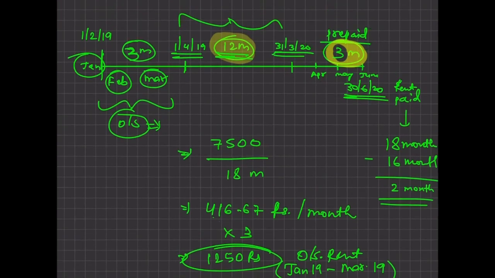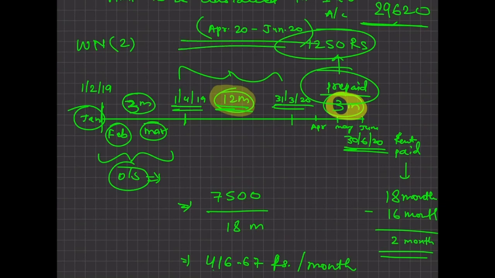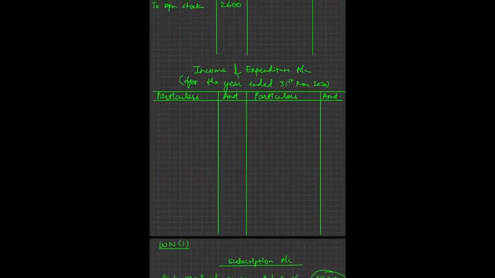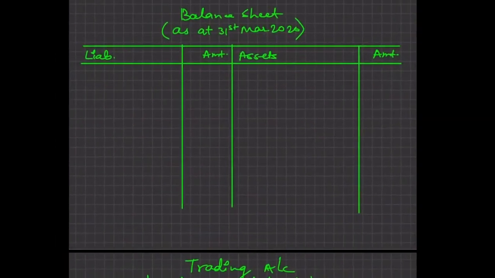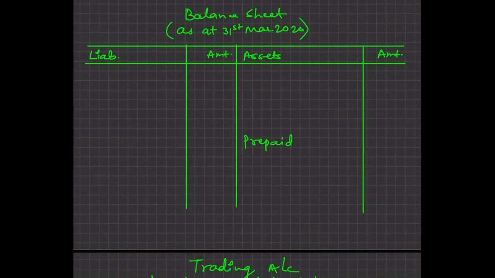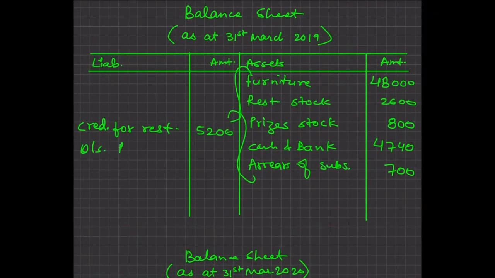And here we also have a prepaid, which will also be of 3 months, 1,250 rupees. That would be from April 2020 to June 2020. That would be your prepaid. That would form part of your closing balance sheet. So if I go to your closing balance sheet, here would be prepaid rent of 1,250, and here on the opening balance sheet we will have outstanding rent of 1,250.